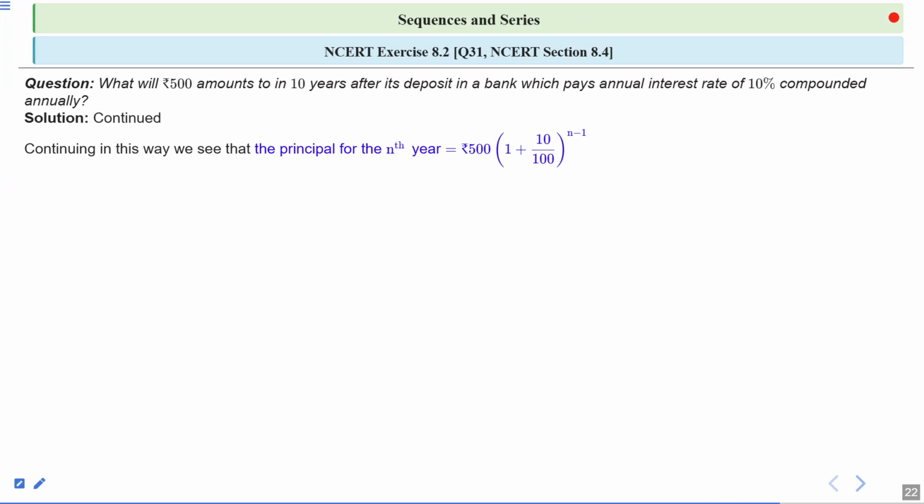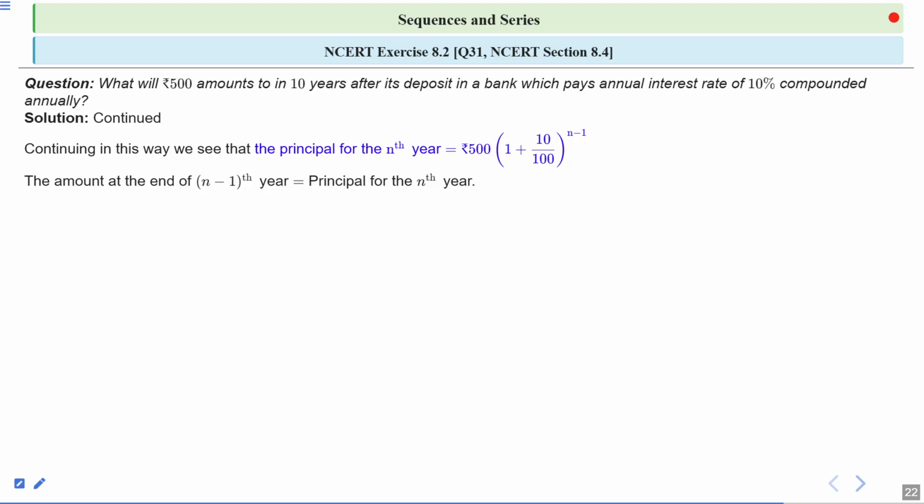Continuing in this way, we see that the principal for the nth year is equal to rupees 500 times (1 + 10/100) to the power n minus 1.